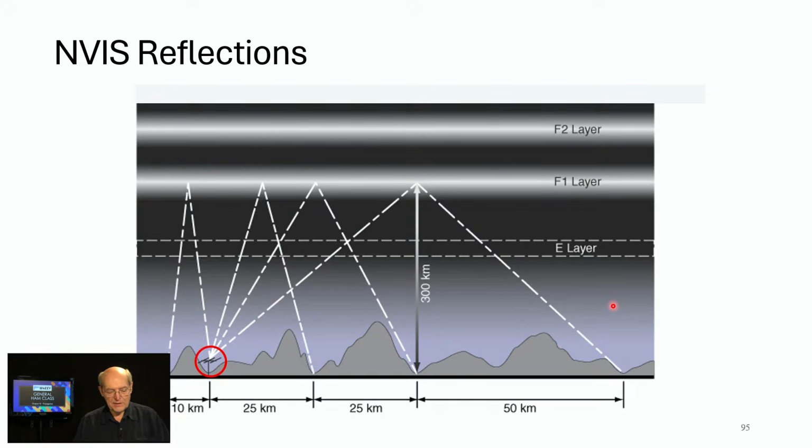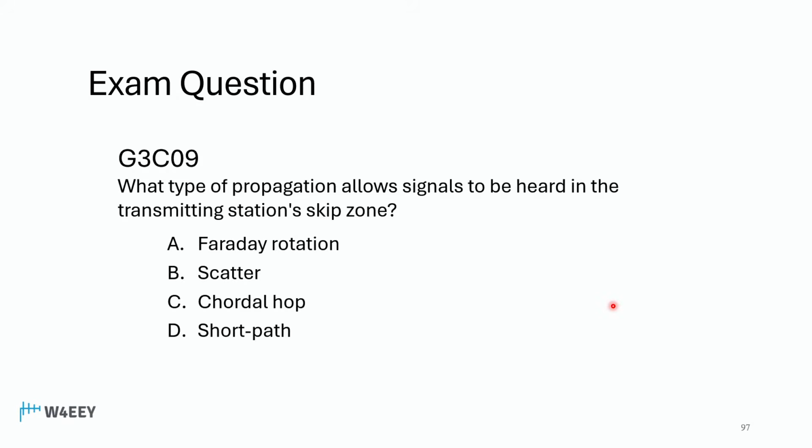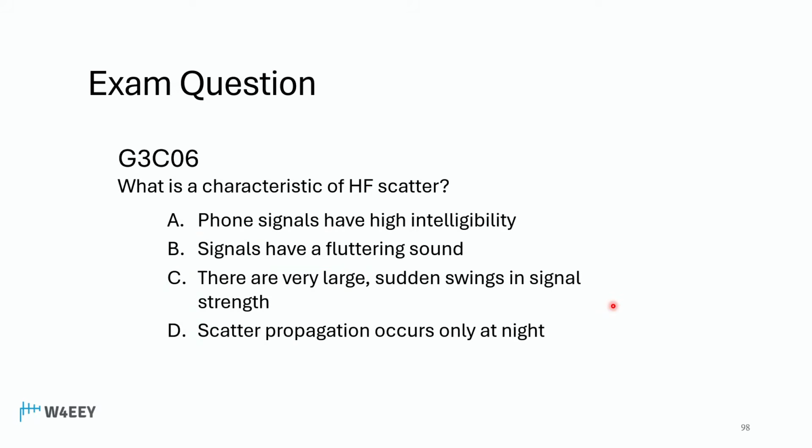Here was the expanded picture. And some questions. What type of propagation allows signals to be heard in the transmitting station's skip zone? Bravo, that's scatter. What is a characteristic of HF scatter? Bravo again. Yep, Bravo, fluttering sound, probably very weak.